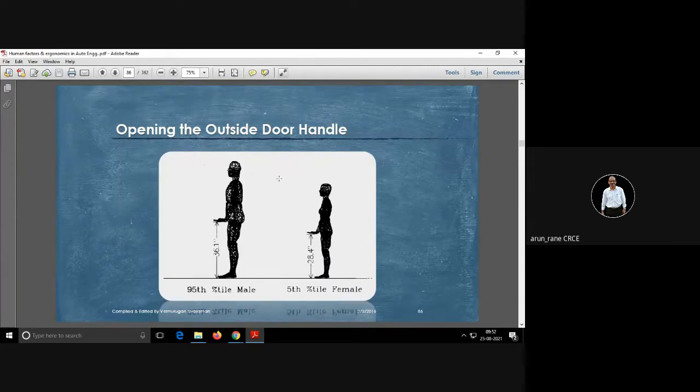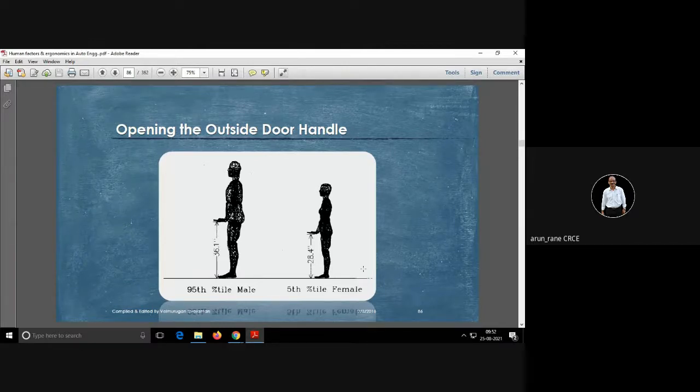See, suppose if you want to open the outside door handle, where should the position of the handle be, whether it should be at a height of 36.1 inches or 28.4. This will depend upon the locations also. Now this is for the female and this is for the male, and same thing is for different countries also.